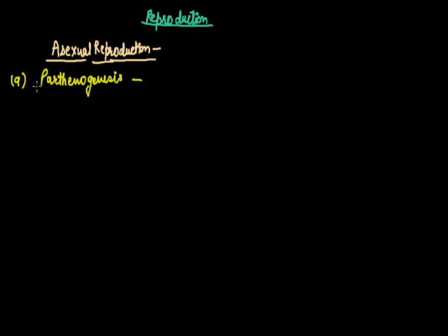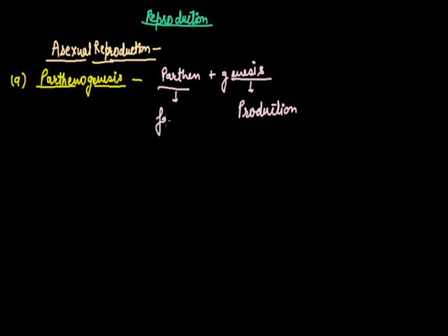If you split this word, you will get two words here, parthen plus genesis. Genesis means production and parthen means false. So it's a false production or false reproduction where offspring are produced without fertilizing.